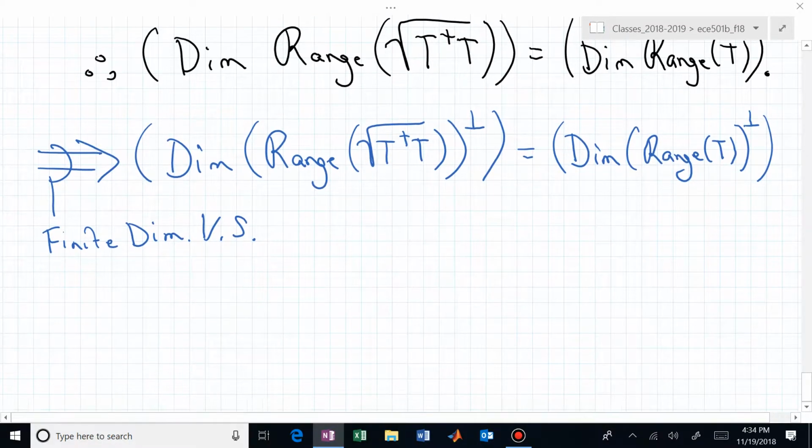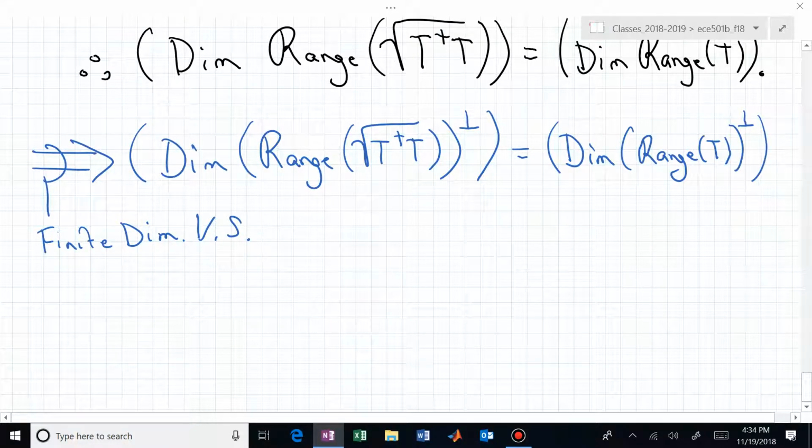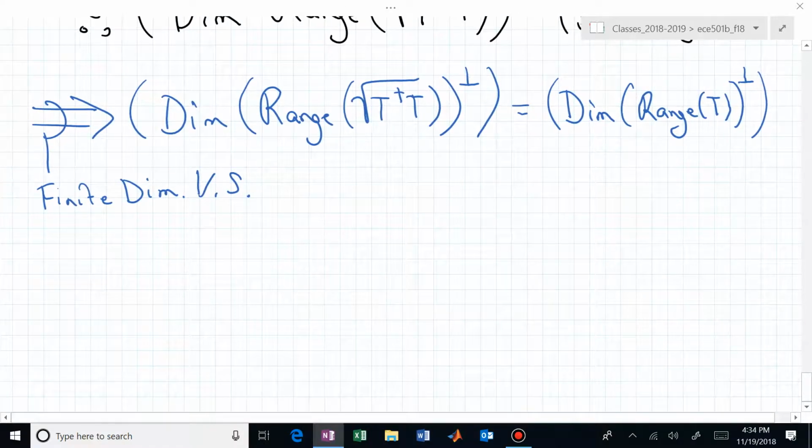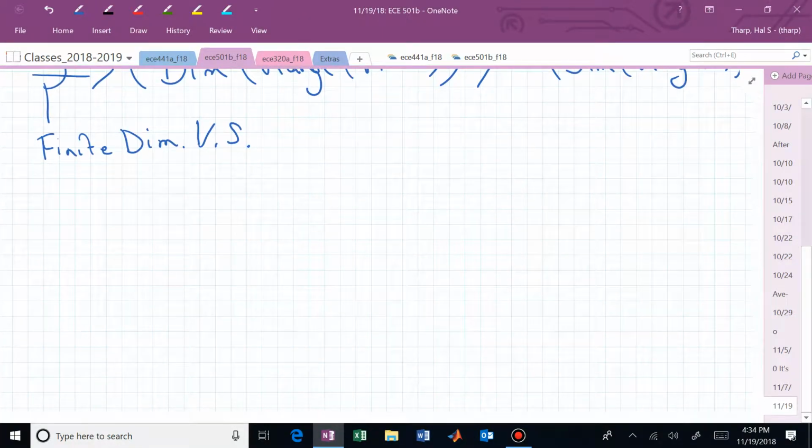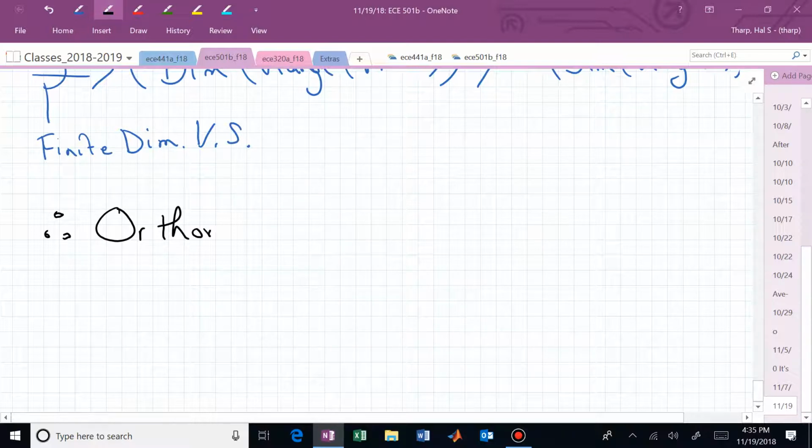Well, if we now have these spaces, we can now find orthonormal bases on those spaces. So let's now do that. Since we have inner products, we can normalize the basis. We have orthonormal, so they're orthogonal and they've been normalized to a length of 1.